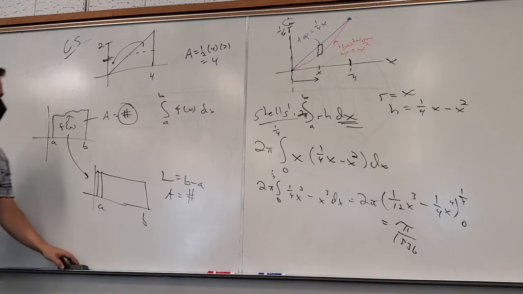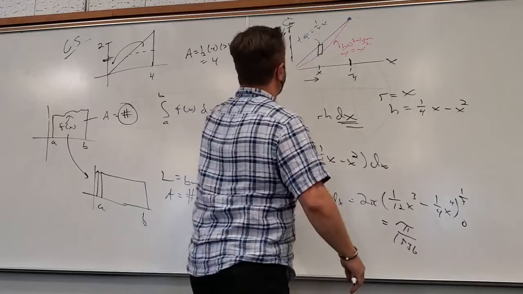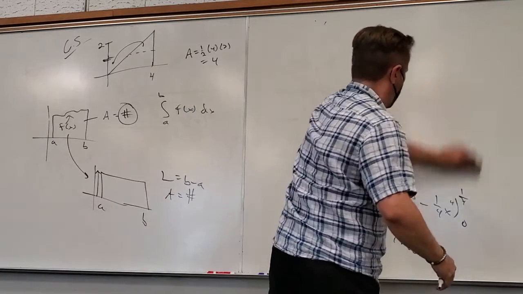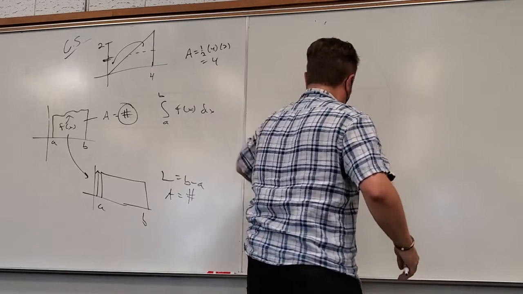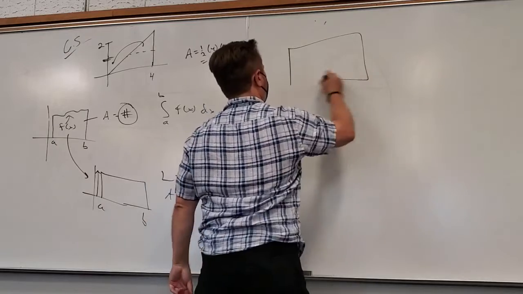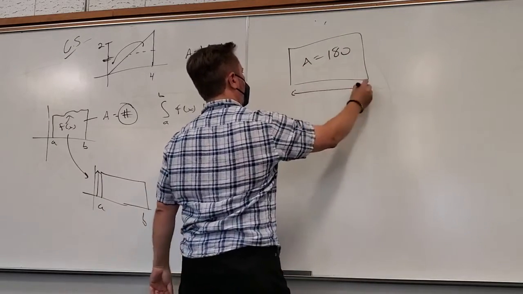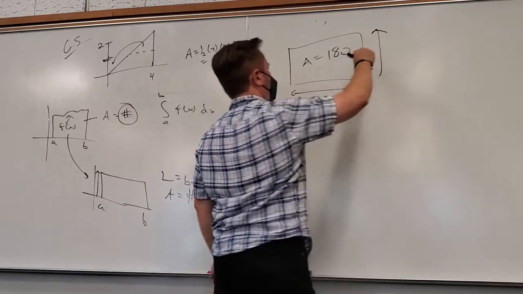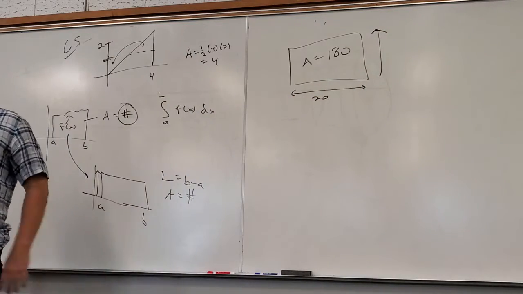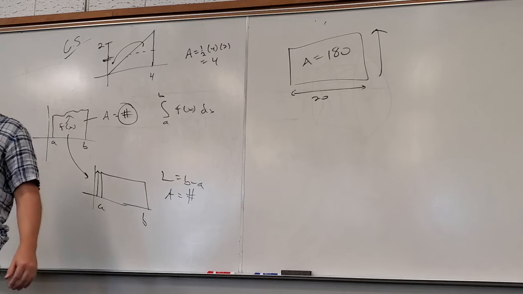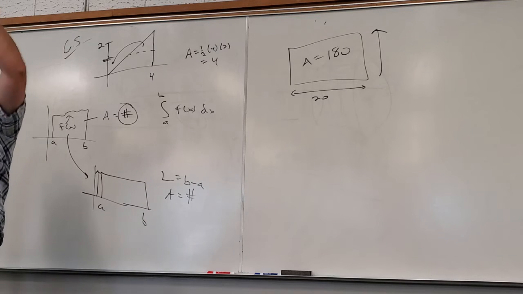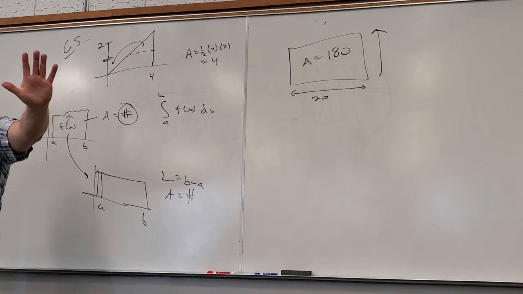Let me give you a concrete example. If I tell you this area is 180, and I tell you that this is 20, how tall is it? 9. Area divided by the length, yes?